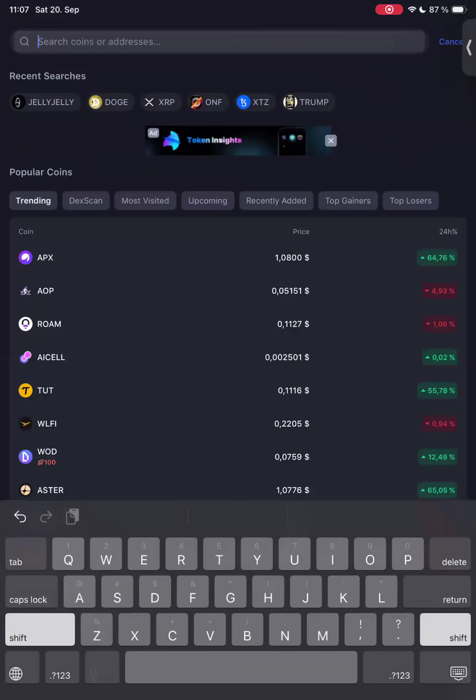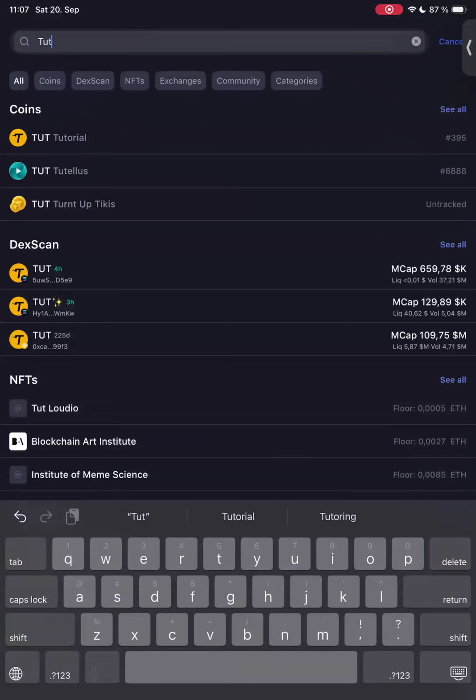Then let me search for another coin, TUT. That was what was giving a lot of money, right? Is it the first one or the second one? Let me go and see the logo on RoyalQ. I can't find the TUT.